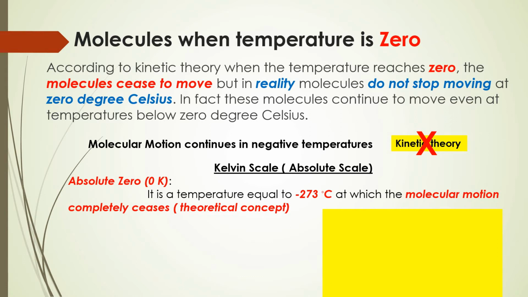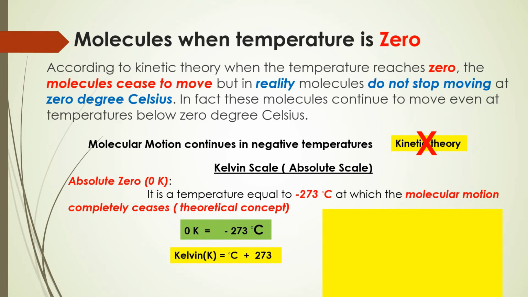This is a theoretical concept. Therefore, according to kinetic theory, molecules stop moving at 0 Kelvin, which is absolute zero. Molecules do not stop moving at 0 degrees Celsius. Instead, molecules stop moving at 0 Kelvin, which is equivalent to minus 273 degrees Celsius.